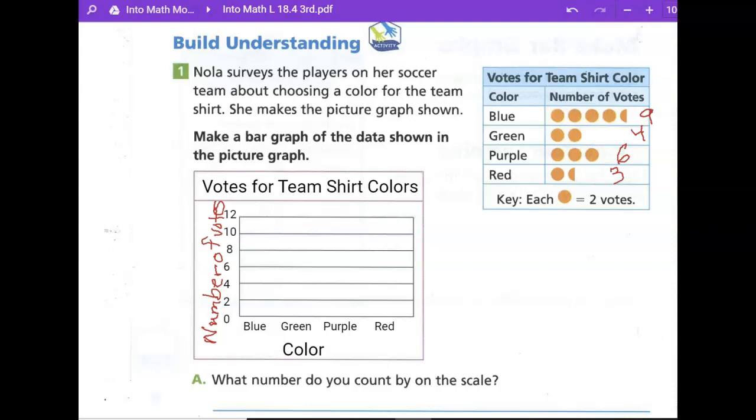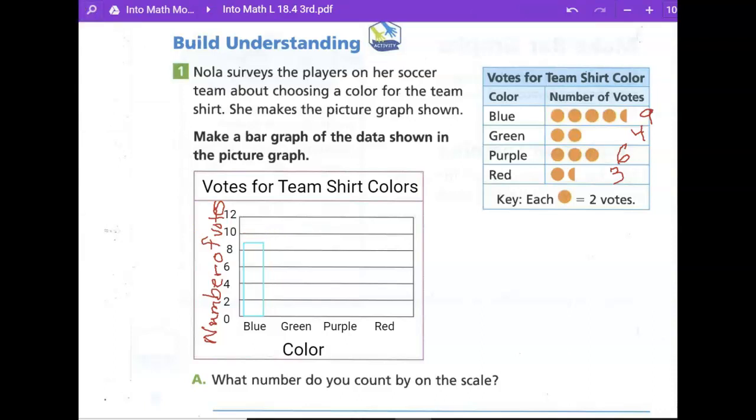And then I'm going to look at my picture graph, and I'm going to see that I have 9, and I don't have 9 on my line, so I'm going to have to go halfway between. So I'm going to take my shape tool, but you can just draw a bar with your pencil, and I'm going to make it go up there to 9.